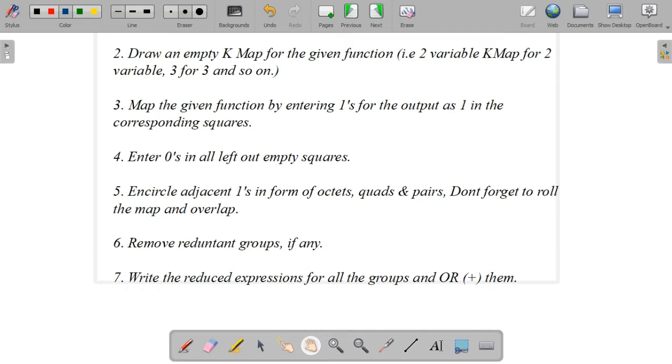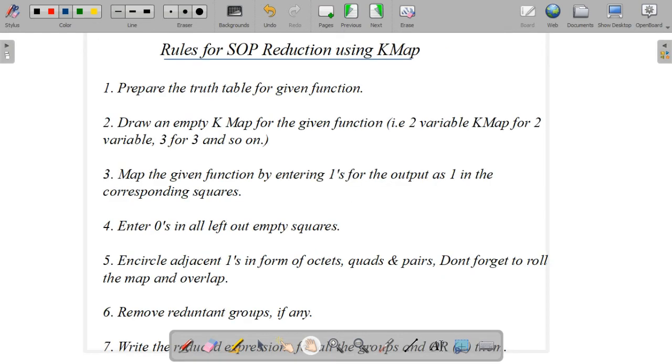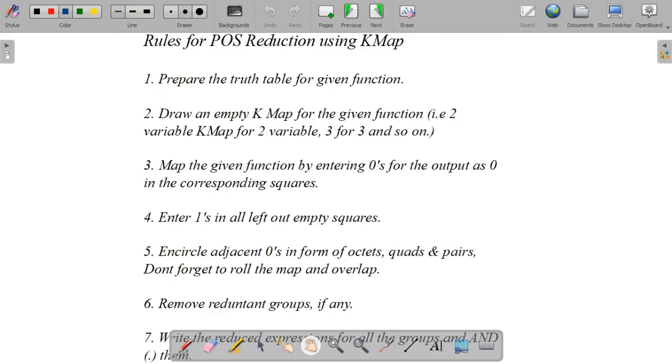At the final stage, we write the reduced expression for all the groups using the OR operation, that is plus: one term plus another term, like that. That is the final reduced expression. So these are the rules we need to learn for SOP reduction using K-map.